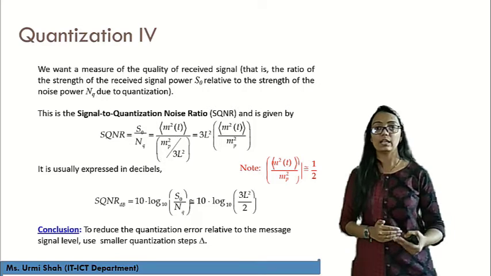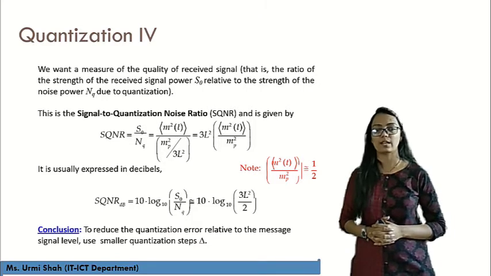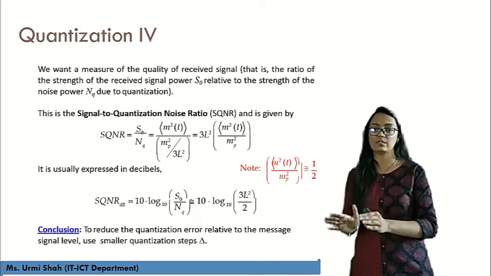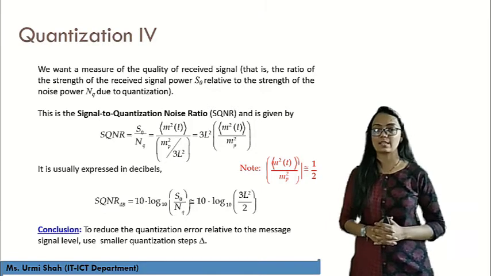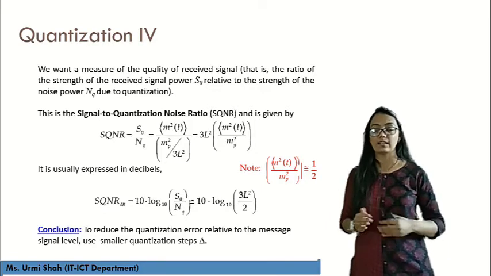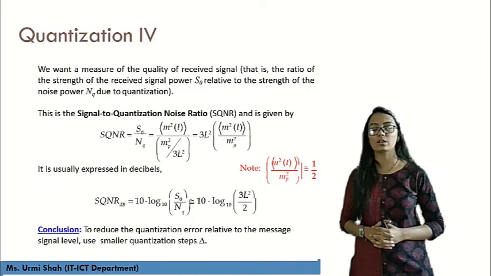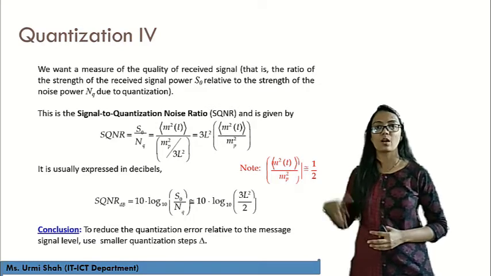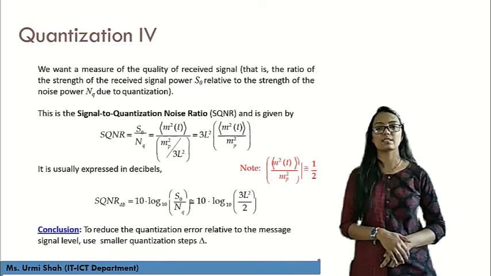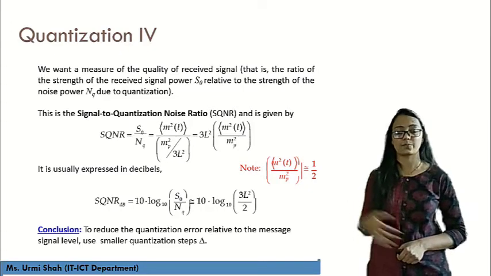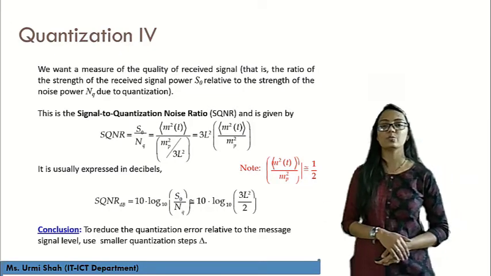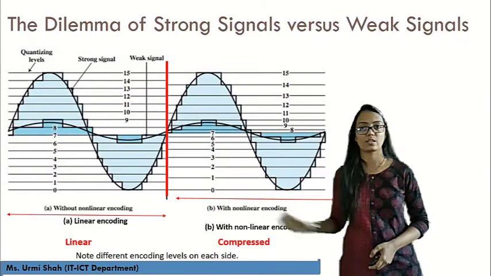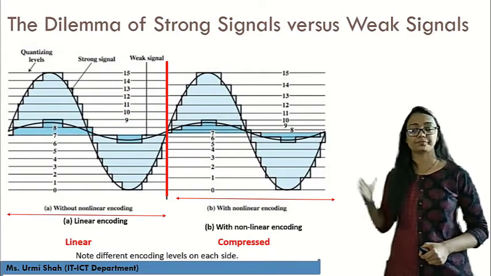So concluding, it is going to reduce the quantization error relatively compared to the message signal level, and here we are using smaller quantization steps. So this is the final stage of quantization. This is how we are going to perform the quantization at the final stage.